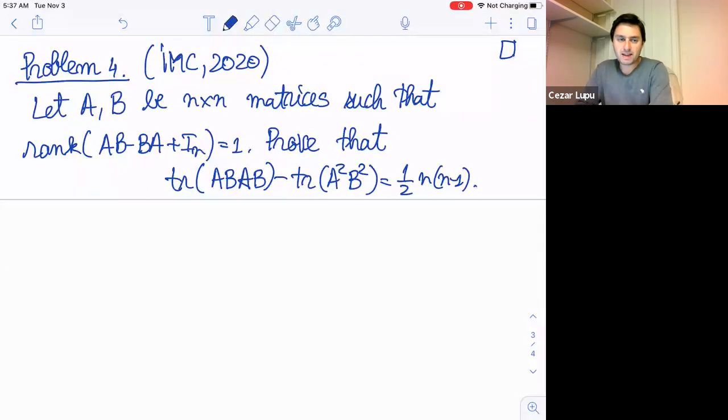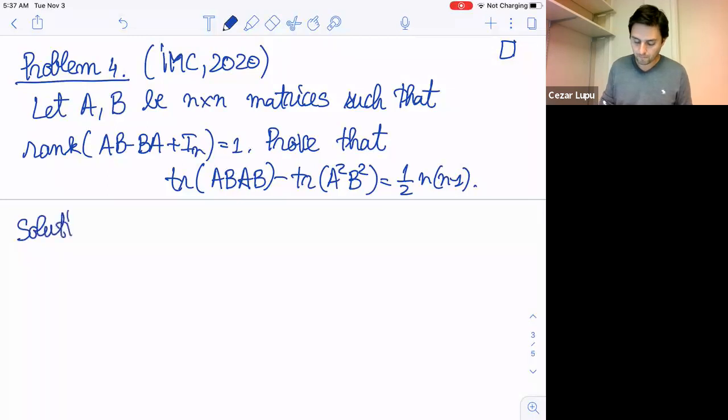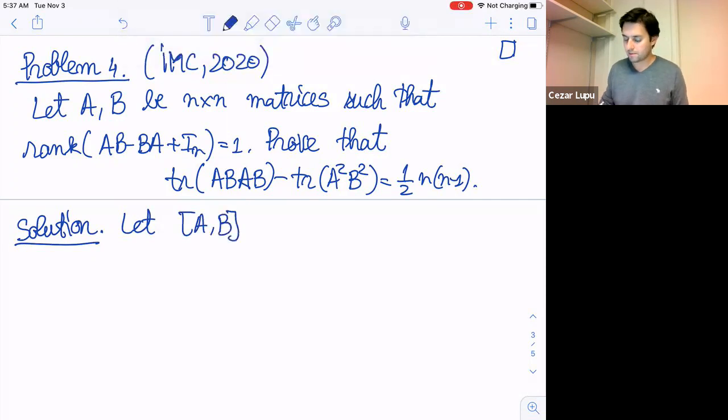Well, probably as you already guessed, let's come up with some notation first. Let me denote the bracket AB to be this matrix AB minus BA.